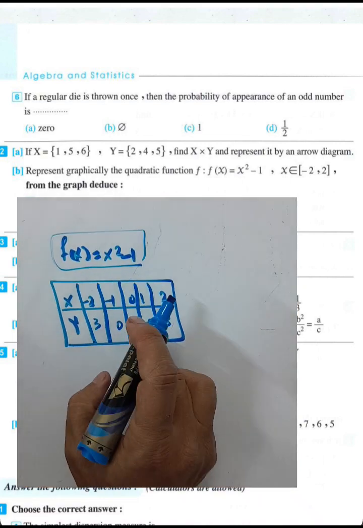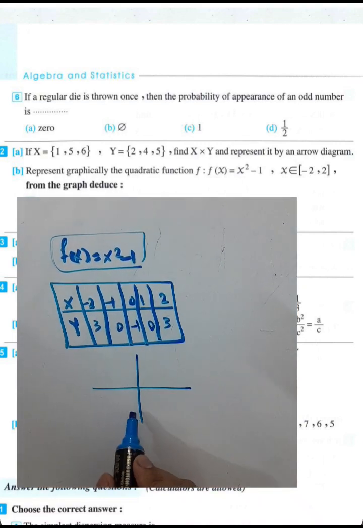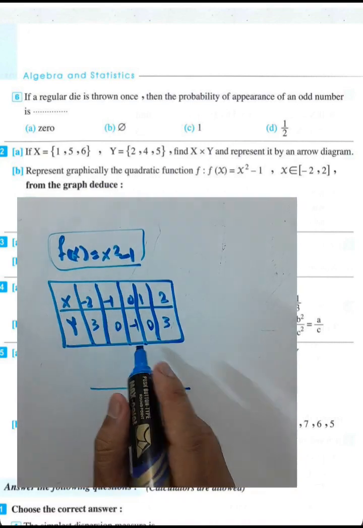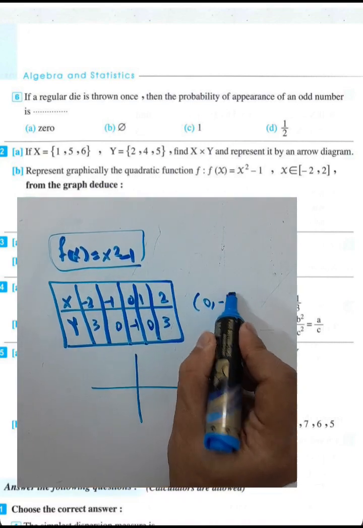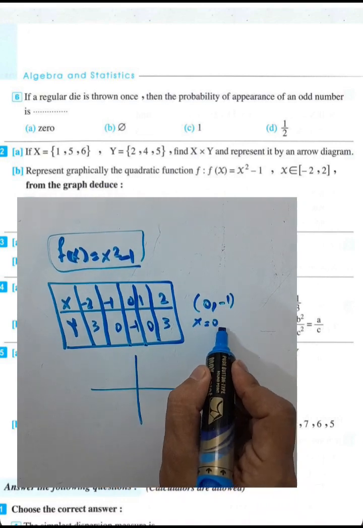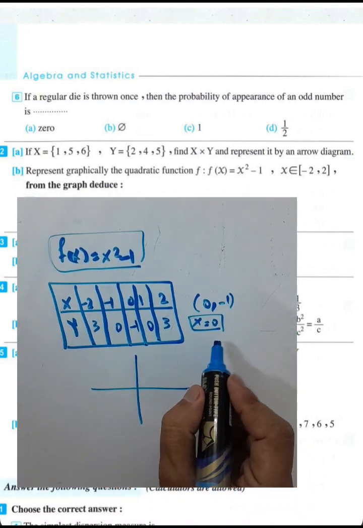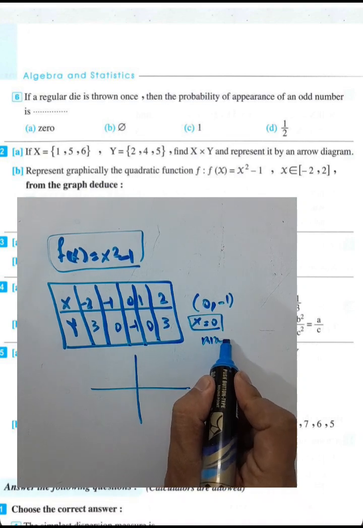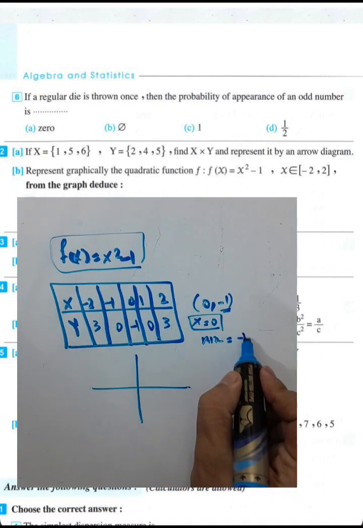Then the vertex here is 0 and -1, and this will be the minimum. The vertex is 0 and -1, and x equals 0 here is the line of symmetry. The value of the minimum will be -1.